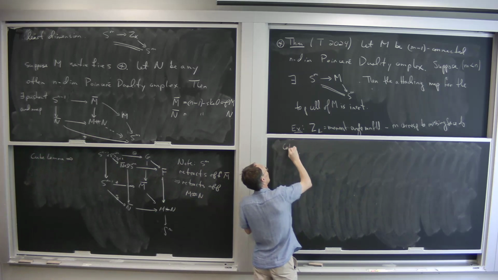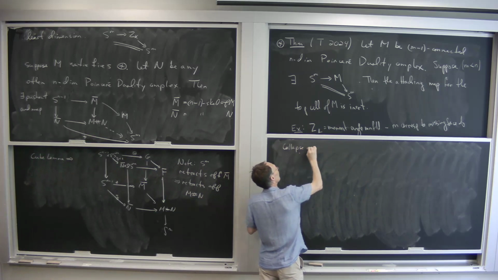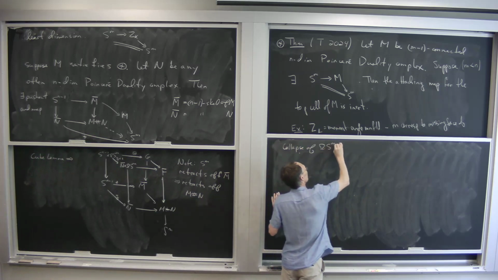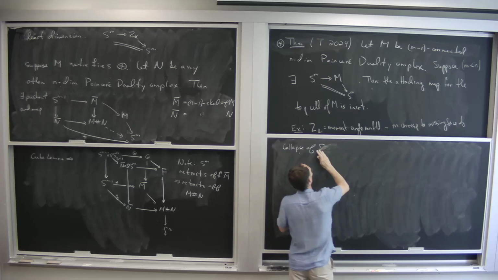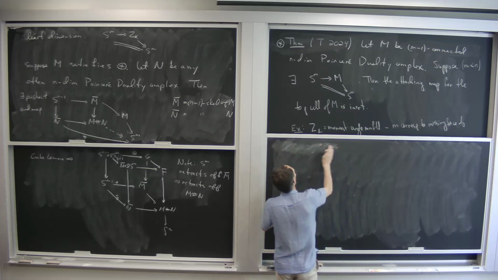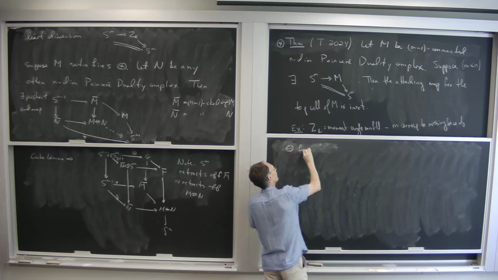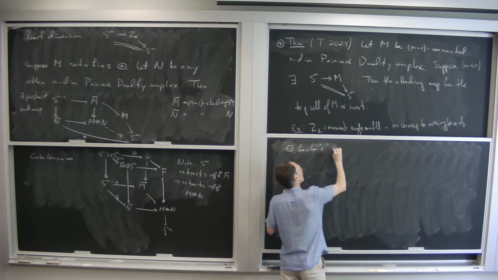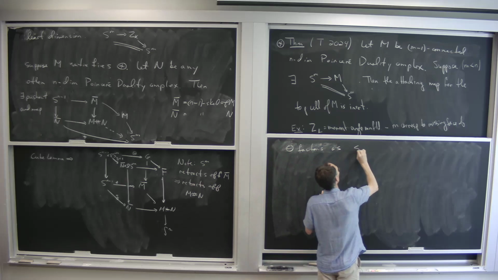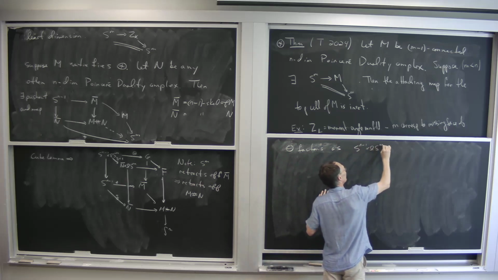So I'll just say theta factors as S^{n-1} cross loop SM.